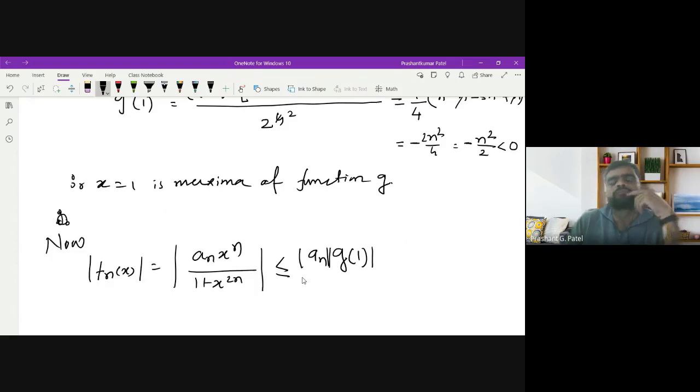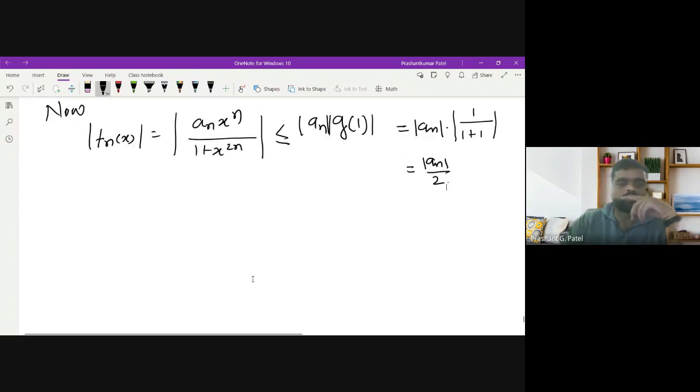So this mod of g of 1 we can calculate, that is mod of an into mod of 1 upon 1 plus 1. So therefore this is mod of an upon 2. So hence what we get, therefore, mod of fn of x is less than or equal to mod of an upon 2 for every n. This is there.